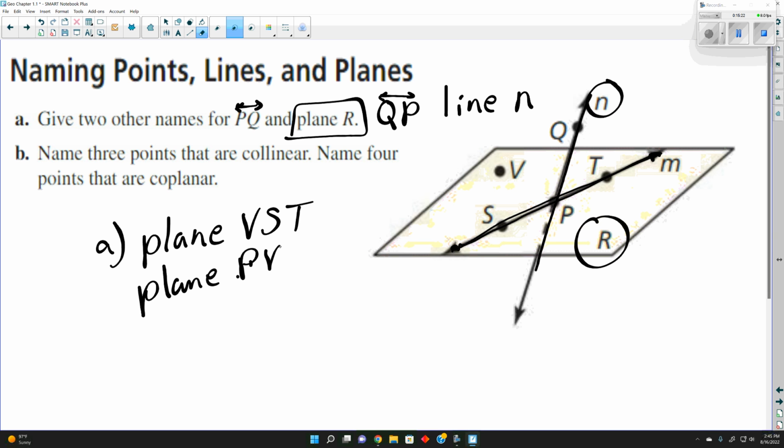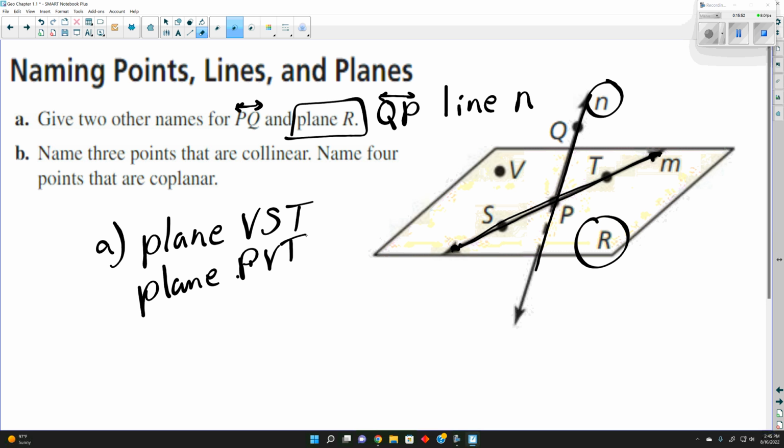V and T. PVT. Now with this one here, this plane will have to use point V in every way we name it. Because again, when we name a plane, we need 3 points that cannot all be on the same line. So if I use P, V, then I can use S, PVT. If I use TS, I can't use P because those three are on the same line.